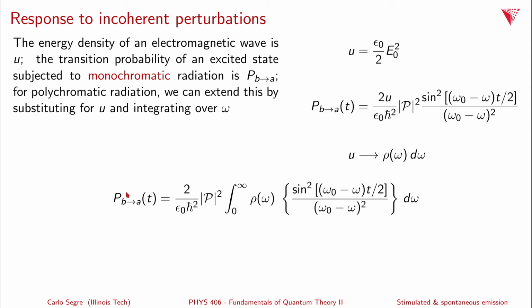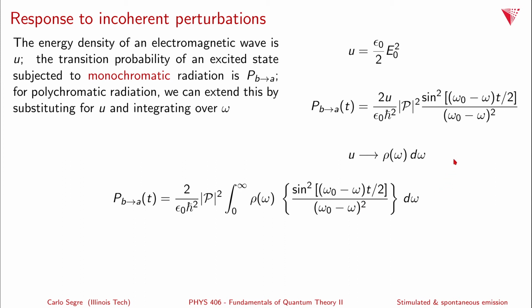That means my probability of transition from B to A as a function of time t is equal to 2 over epsilon naught h bar squared, polarization squared, integral from 0 to infinity, because we have to integrate over all radiation wavelengths and frequencies, rho of omega times sine squared of (omega 0 minus omega) t over 2 divided by (omega 0 minus omega) squared, d omega.